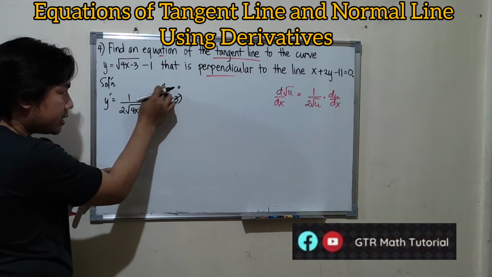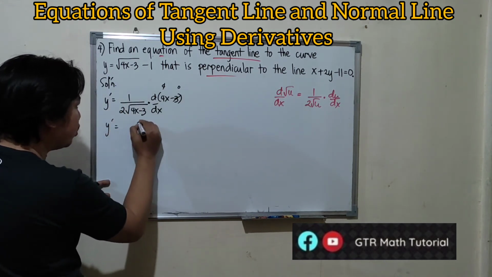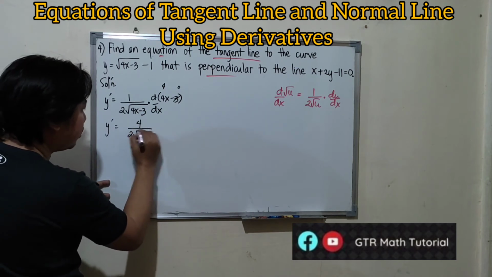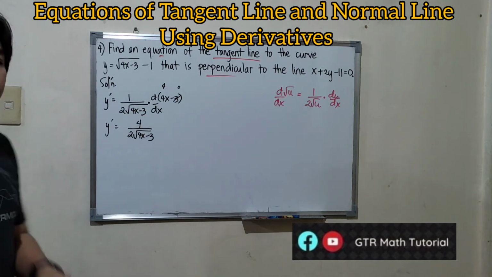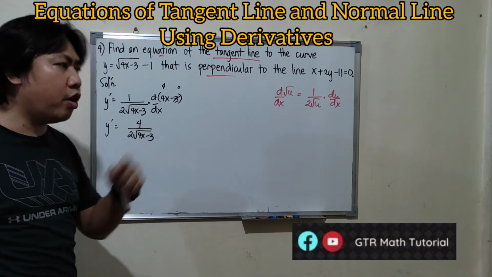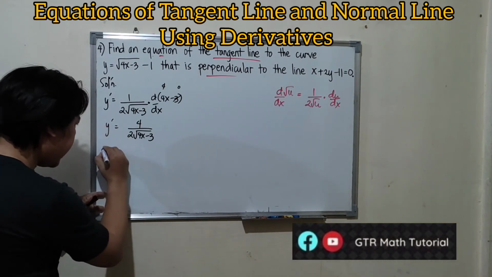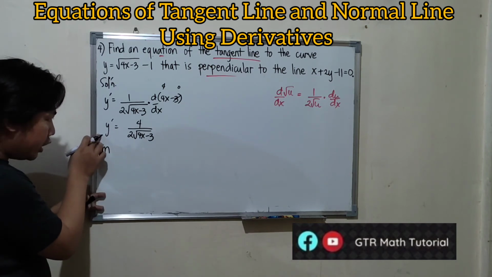So multiply this 4 times 1, so we have y prime is equal to 4 over 2 square root of 4x minus 3. Okay, so by definition, the derivative is the slope of the tangent line. So just substitute the notation, ayan, of slope is m.